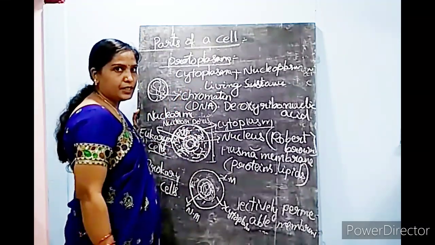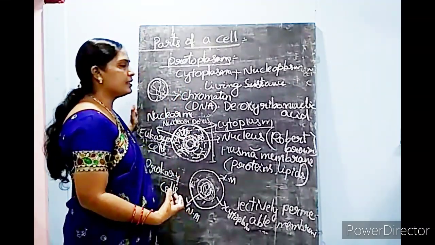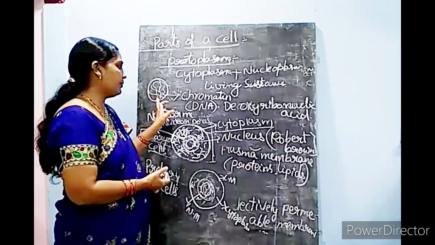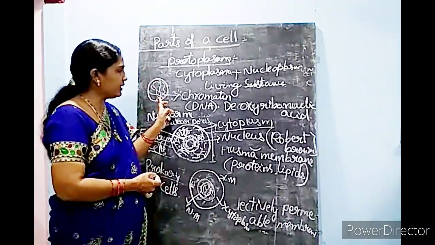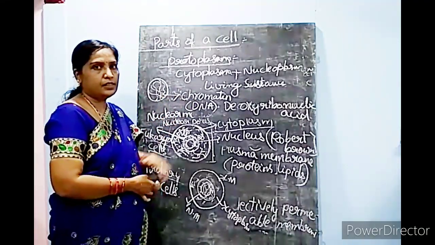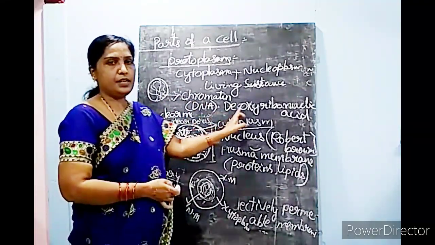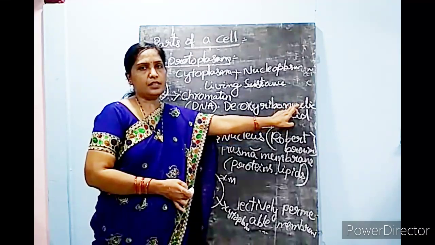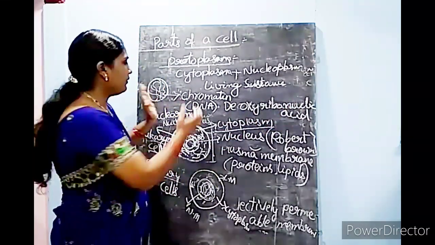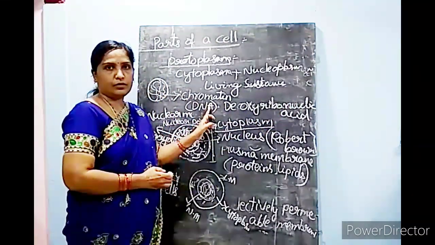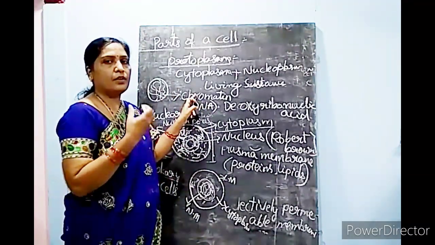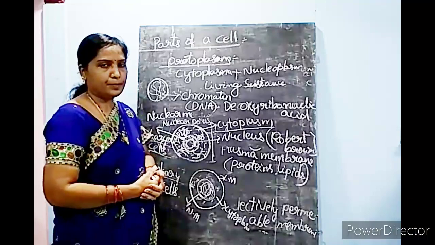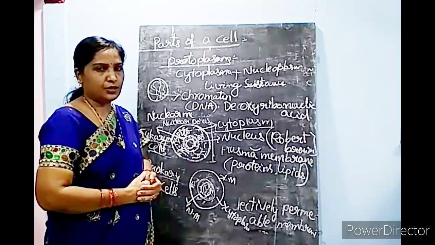This protoplasm is a living substance. Finally, we discussed the nucleus. Inside the nucleus, the thread-like structures are known as chromatin. Chromatin is made up of DNA, which means deoxyribonucleic acid. The function of the nucleus or the chromatin is to pass the characters from parents to the offspring. So this is our class today.